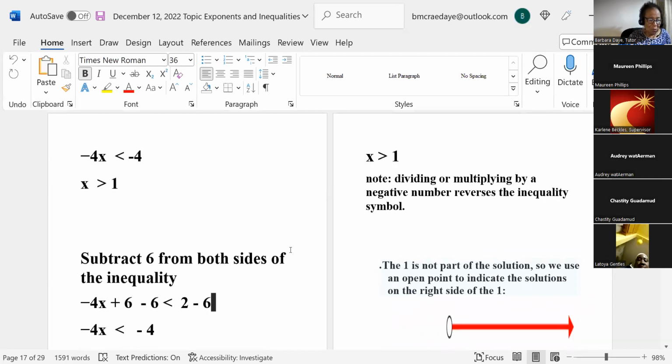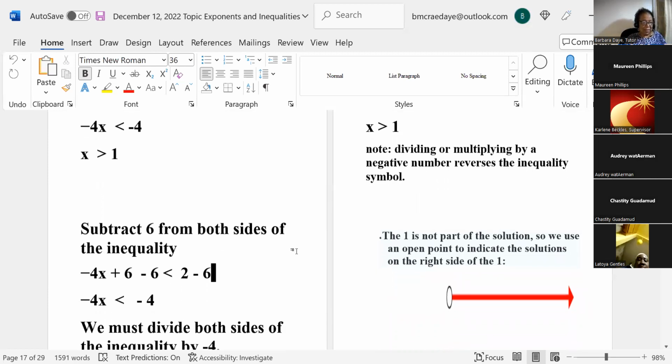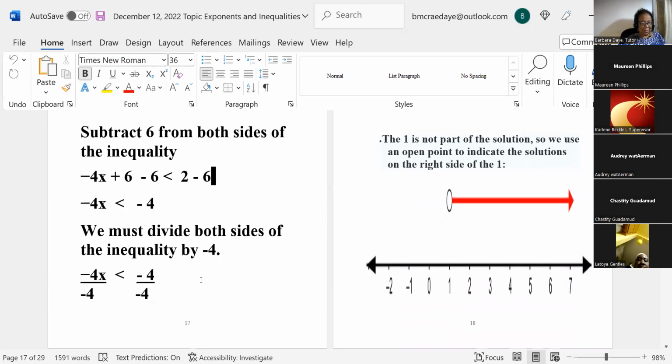So your answer will be x greater than, not less than. You had to reverse the inequality symbol, because you divided by -1.